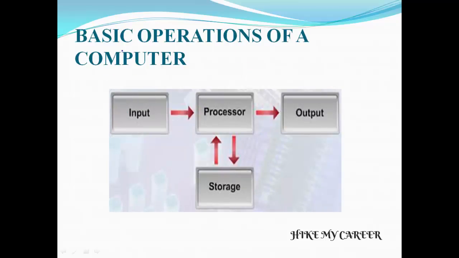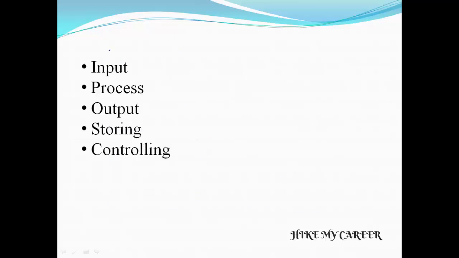Next we are going to see a very important question. Basic operations of a computer. Basic operation is input, processor, output, next storage. What is the correct order of the operation of a computer?